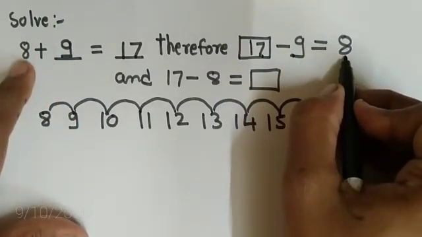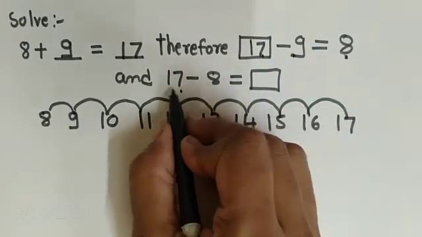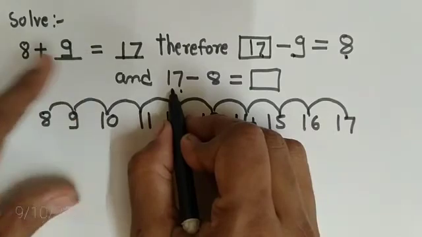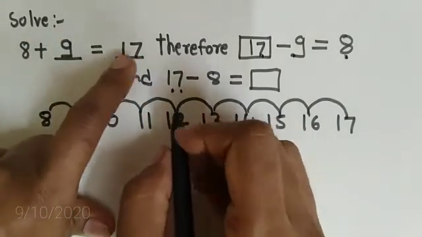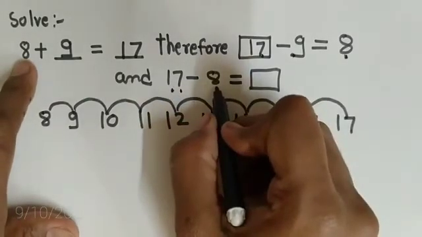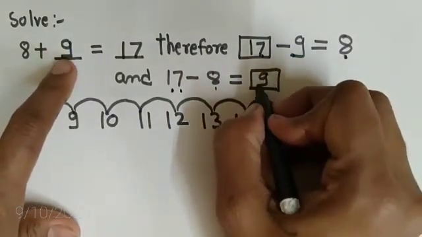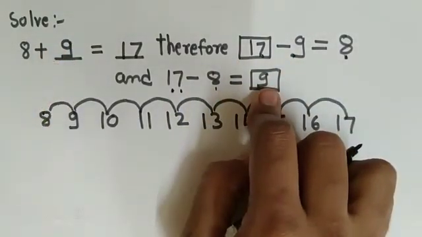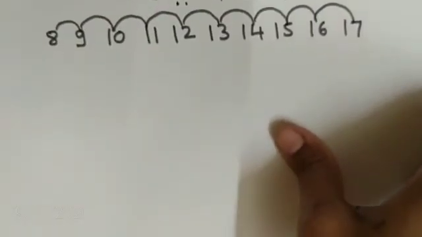Another number, that is 8. Like that, here they given one more. 17 minus 8. They subtract out of the sum one number, that is 8. Then what you will get, children? Another number, that is 9. Like that you can solve one more example of this.